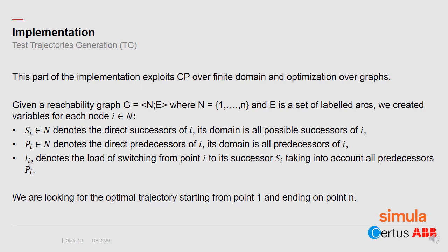And the last one is the load of switching from one point to its successors, taking into account all the predecessors. And the goal is to find the optimal trajectory starting from the starting point until the ending point.